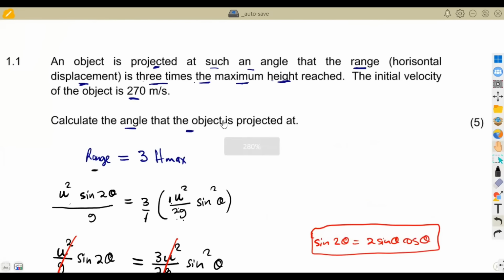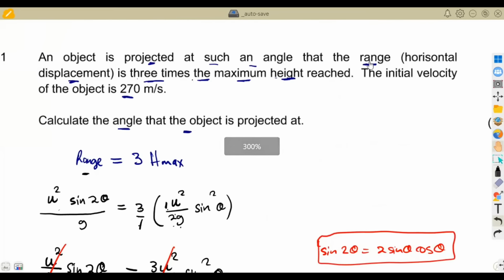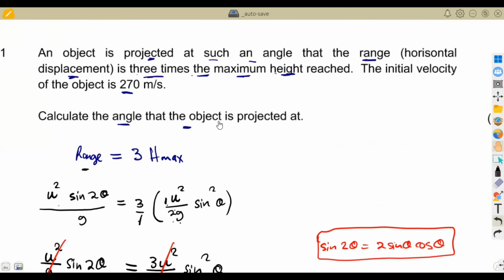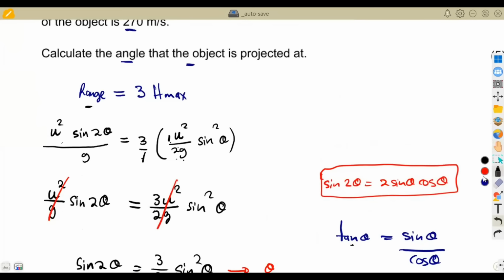Here we are given that the range, which is our horizontal displacement, is 3 times the maximum height. This is our range and this is our height, but this height is being multiplied, it is 3 times h max. That is why we have to multiply the maximum height, formulate an equation, and solve for theta using your mathematical skills.